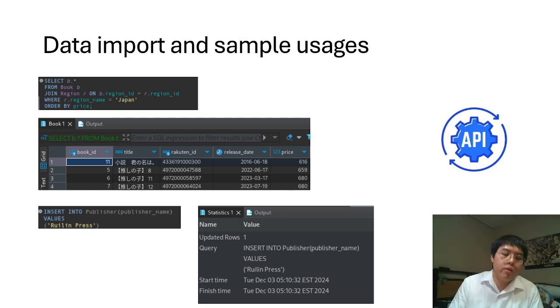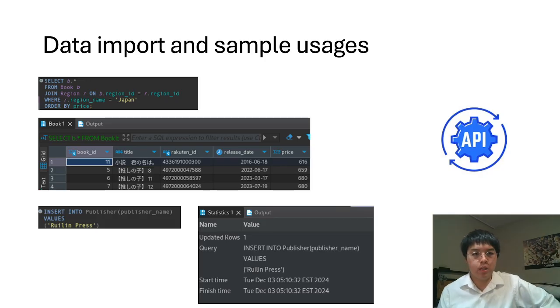So you might wonder what the usage for this database is. I'd say there's a lot of usage. For example, nowadays any backend has to read and write data from some sort of database. That's what I call an API.